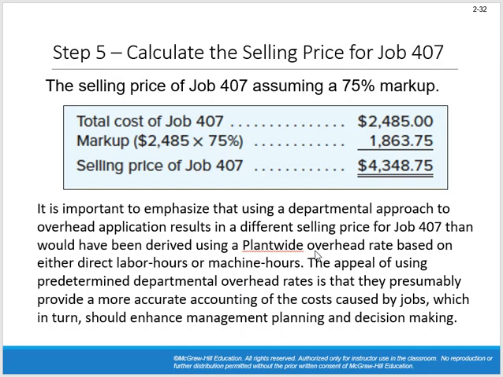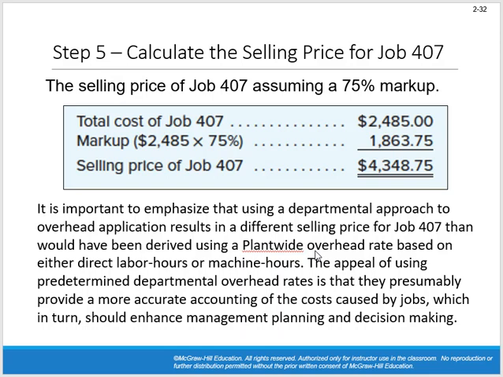If we just did it once for the whole company, with a plant-wide overhead rate based on, say, machine hours, we very well could have been inaccurately applying our MO and then multiplying that inaccuracy by an extra 75%, which could result in a bad job on the pricing to our customer. We might underbid the job and not make much money on it, or even lose money on it, or we might overbid the job and the customer might decide to go with somebody else because we're too expensive.